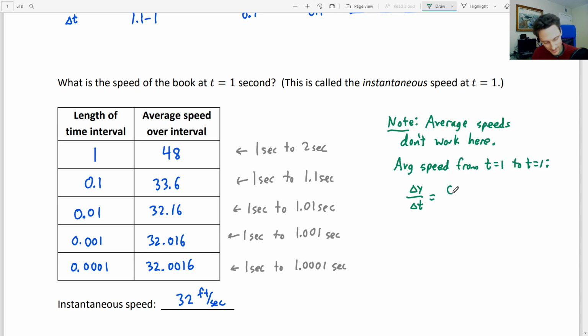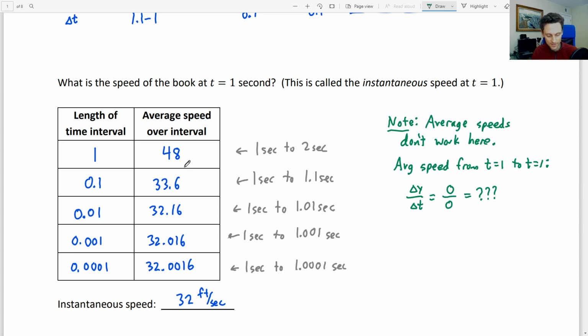There wouldn't be any distance traveled. That would just be 0. And there wouldn't be a change in time. That would be 0 as well. And so then you're left with, well, what is this? This is indeterminate. This is undefined. So it's hard to know what's going on there. So we can't use the average speed formula that normally works just fine. We can't use it when our time interval is length 0.